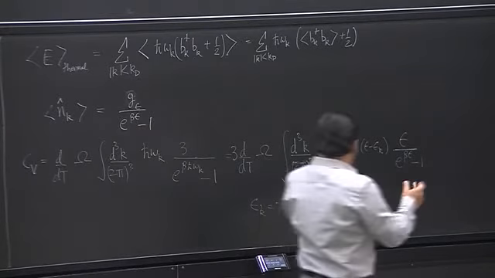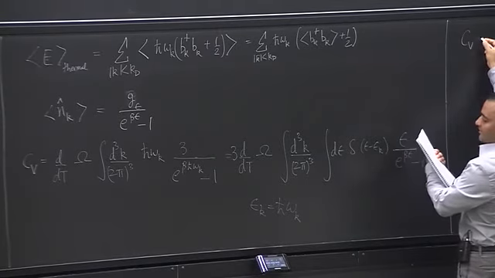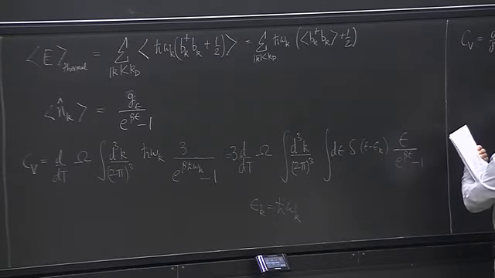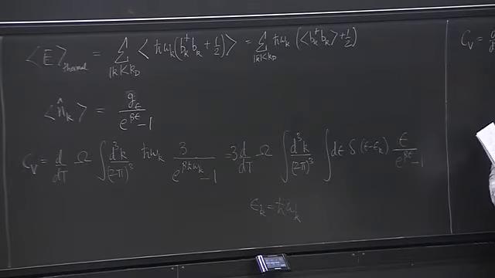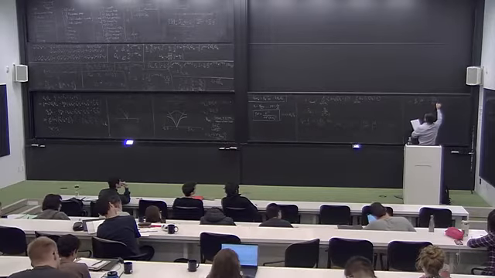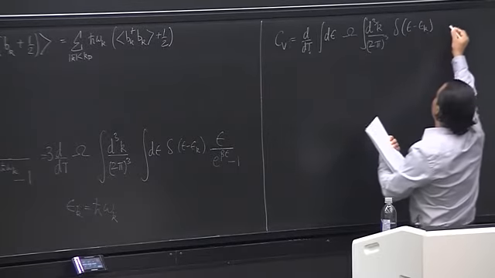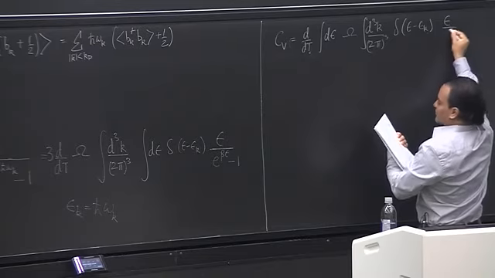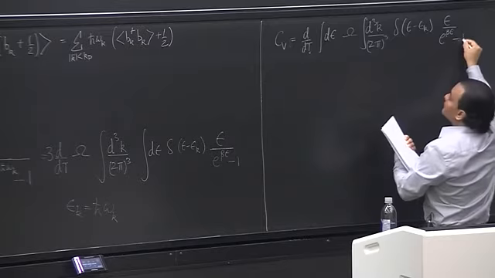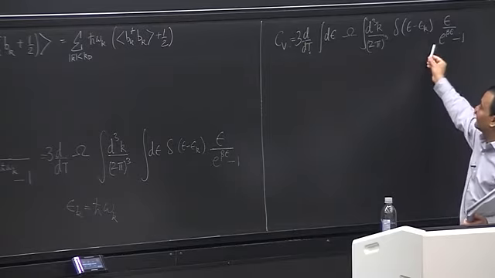So next what I'm going to do is change the order, and I'll see that the specific heat is the derivative with respect to temperature, integral dE, you have omega d cubed k. Now, this is very familiar.